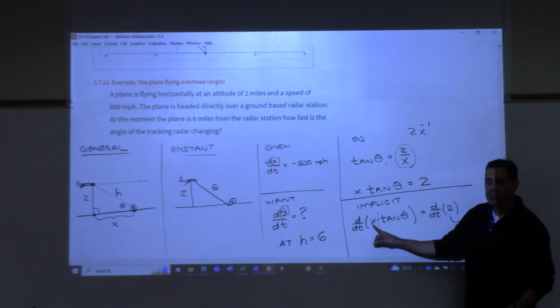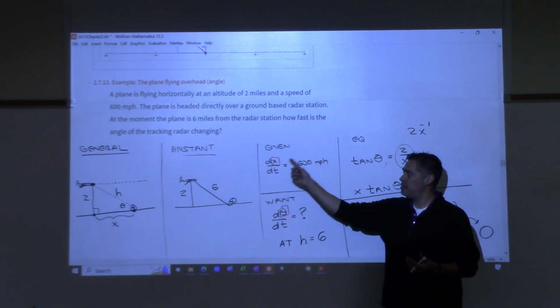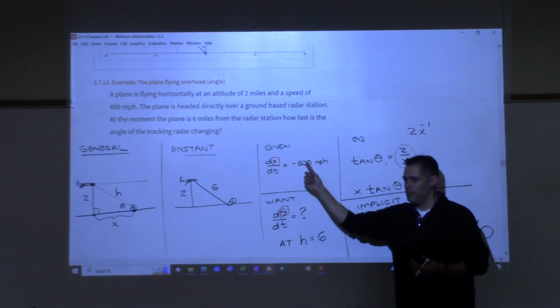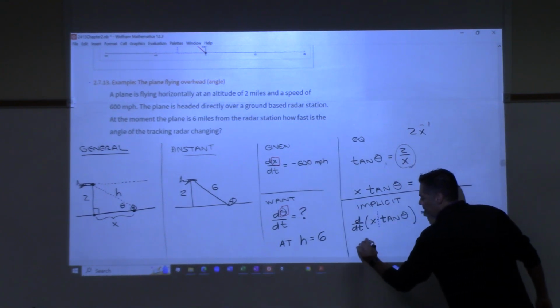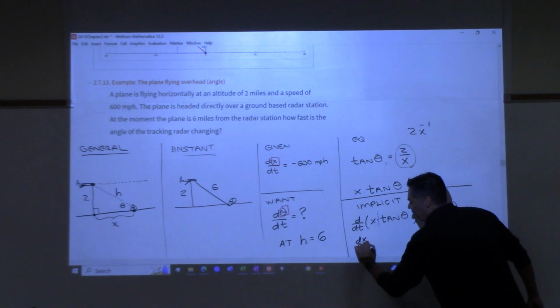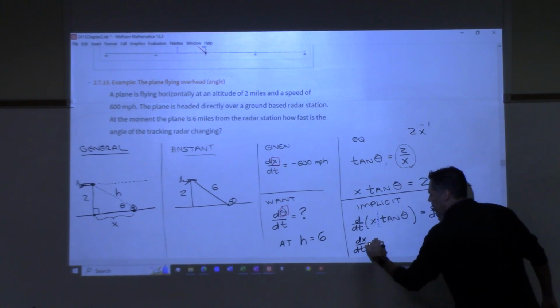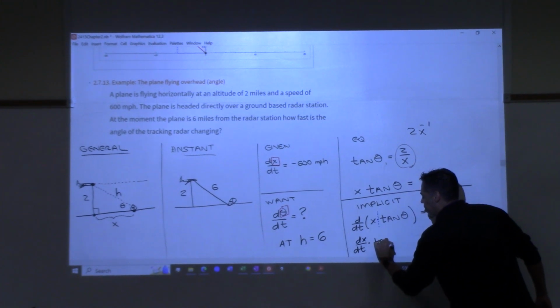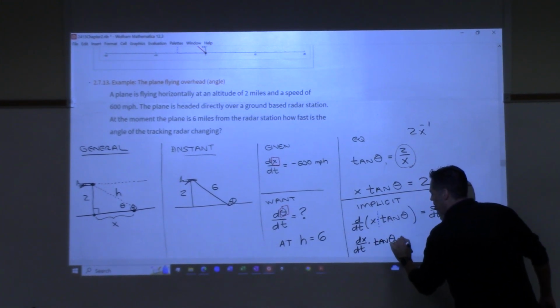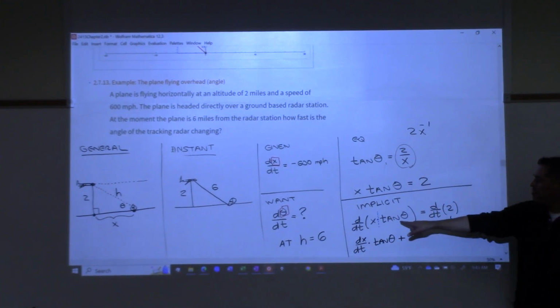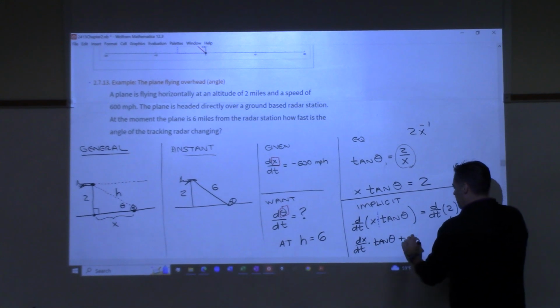The derivative of x with respect to t is dx/dt. And that's actually good because that's part of what we're given, right? So dx/dt is the derivative of the first one times the second, no derivative. Plus, now the derivative of tangent of theta. What's the derivative of tangent theta? Secant squared theta.